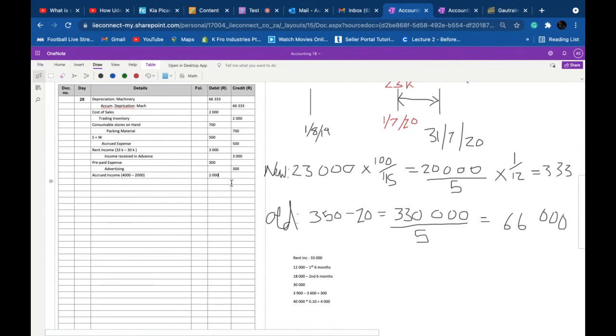And we said that is going to affect our interest on fixed deposit.